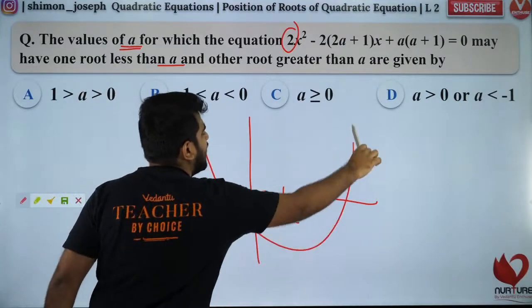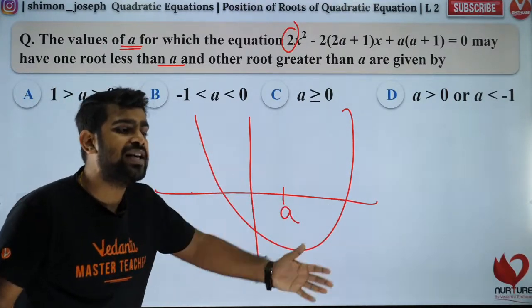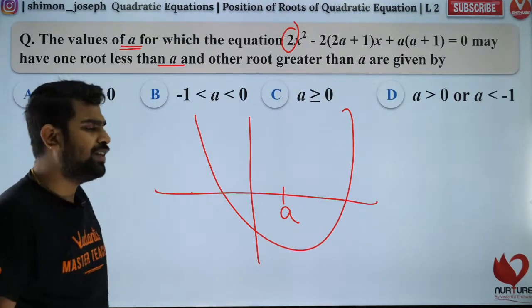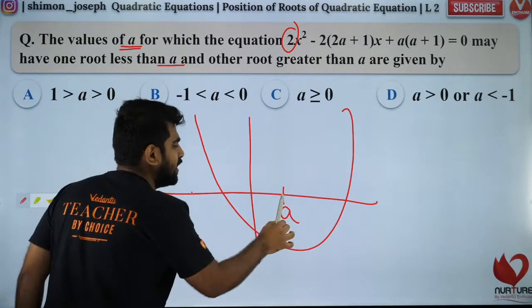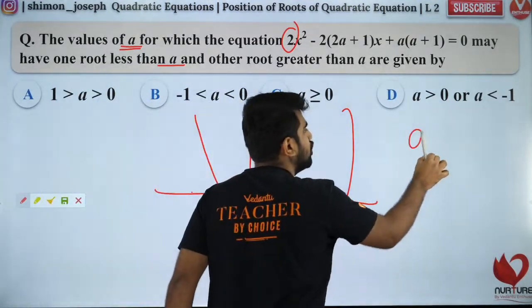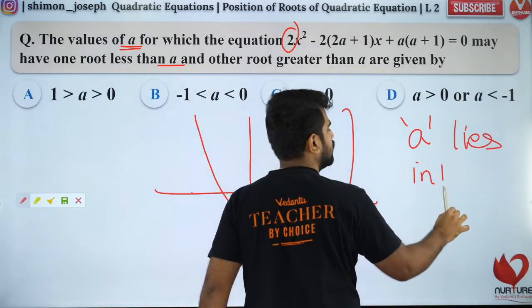That means they want a graph like this. So they are asking you what is the condition. Very simple, Kalyani. What you need to do is you need to ensure that this value a lies in between the roots. So you need to ensure a lies in between the roots.